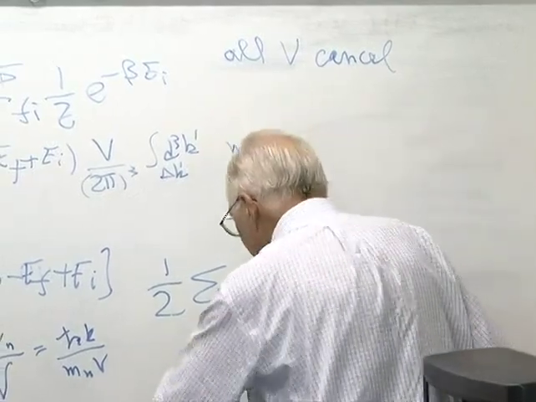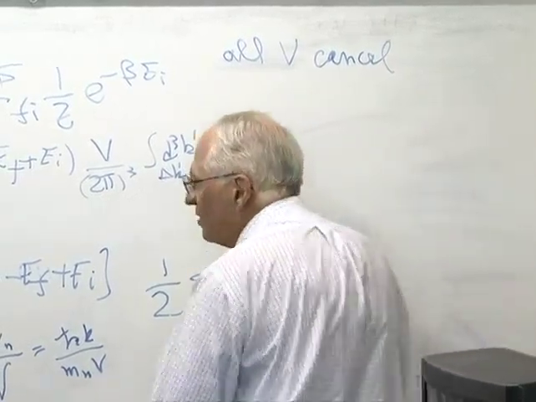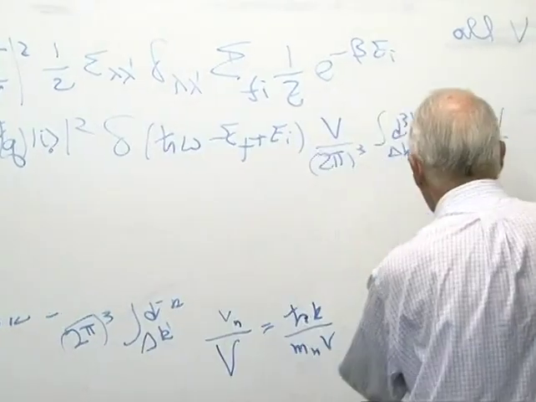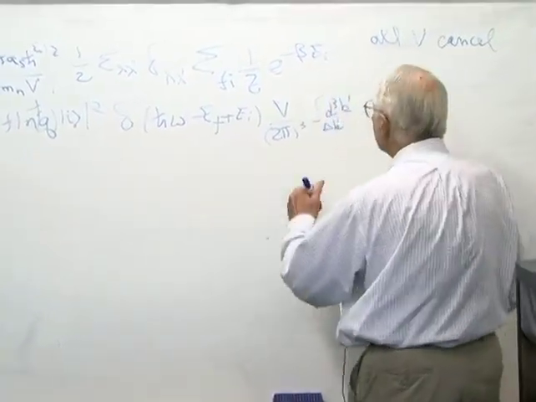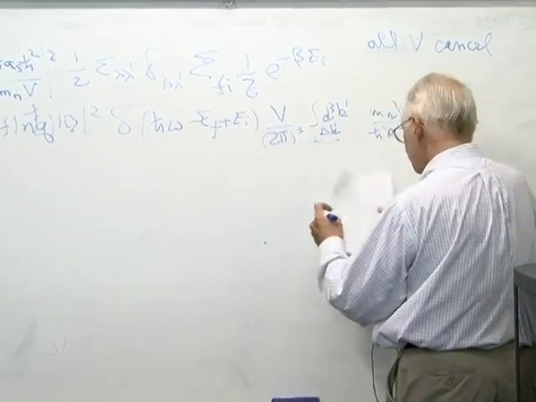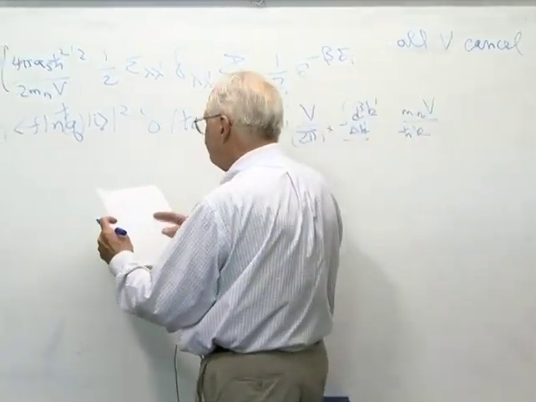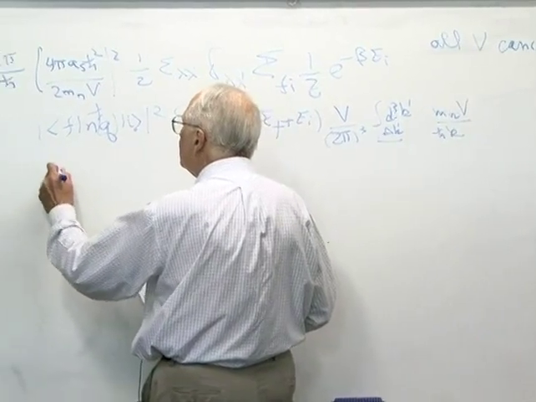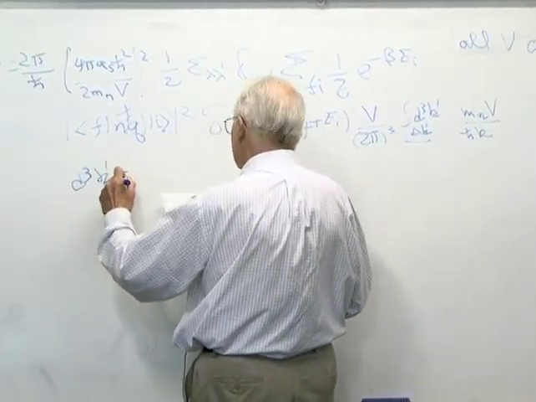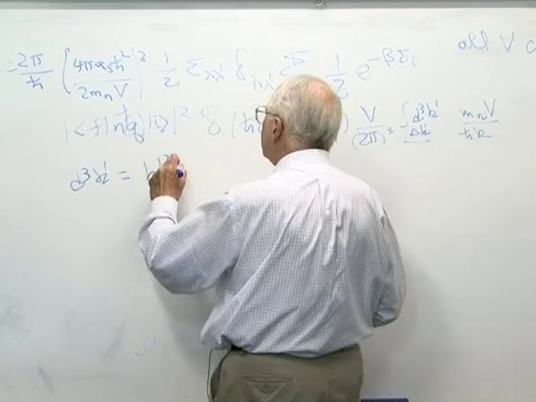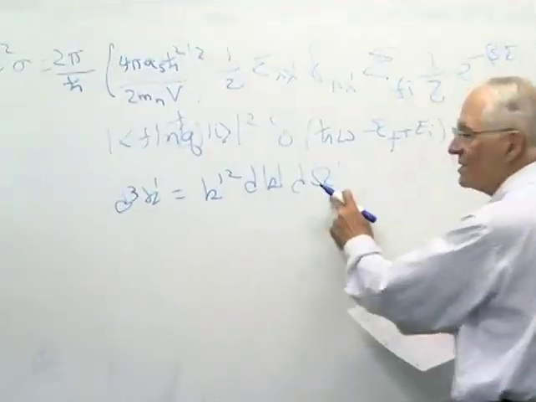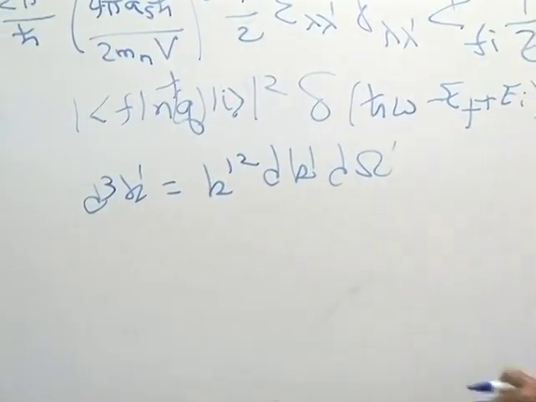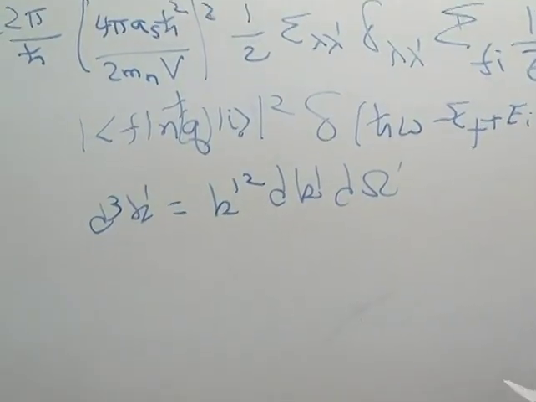Now I need to do a little computation in order to show you how you get some more steps. It's not hard. So I'm going to assume this integral here, d³k′, is k′² dk′ dΩ′, where this is the solid angle and this is just the usual volume element in three-dimensional spherical coordinates.